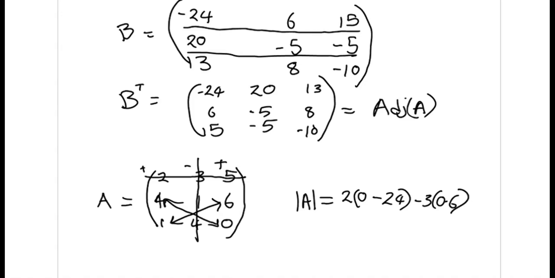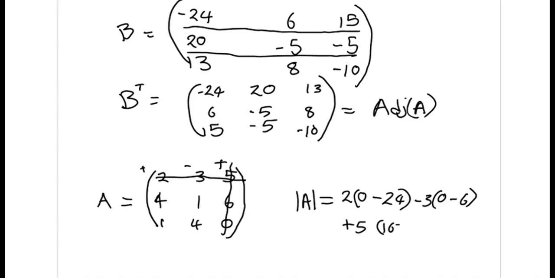Minus should be in the middle. Okay, let me make that more clear. 0 minus 6, and then plus 5 brackets. Four times 4 is 16, minus 1 times 1, 1.